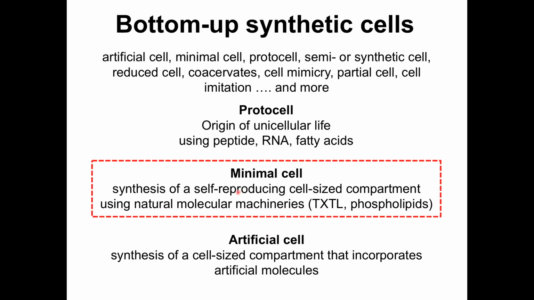You try to synthesize minimal cells, looking towards self-reproduction using the natural molecular machineries or the natural molecules, if you like, typically phospholipids, a cell-free transcription translation system, genes, and so on. There is nothing synthetic there. Everything, the building blocks of the chemicals here, are natural as opposed to artificial.